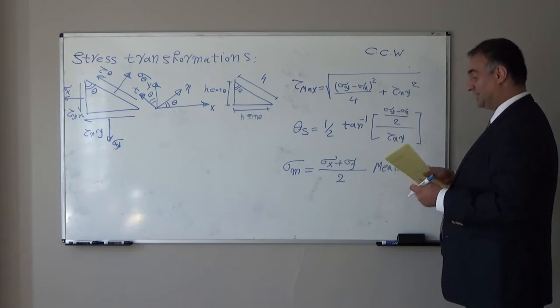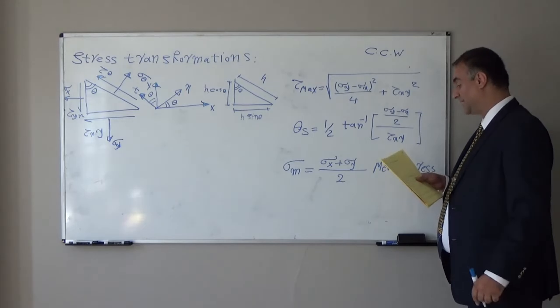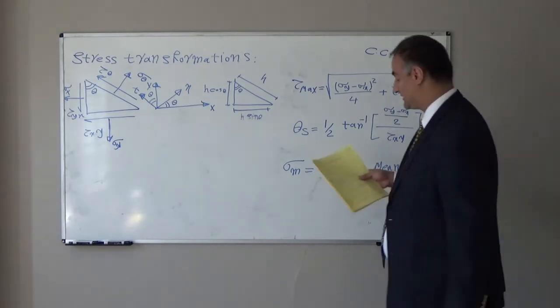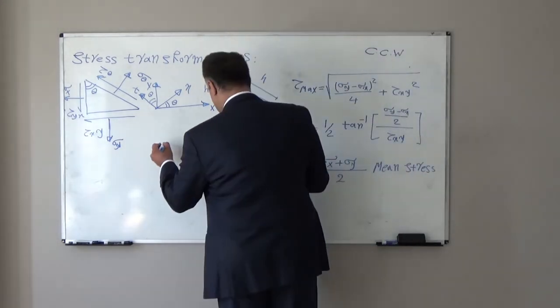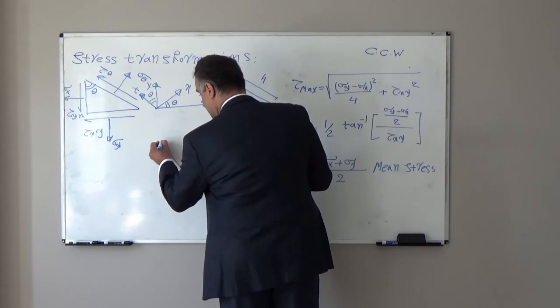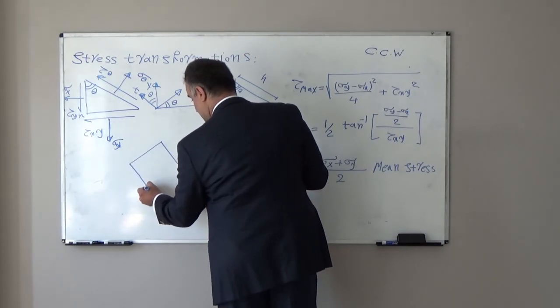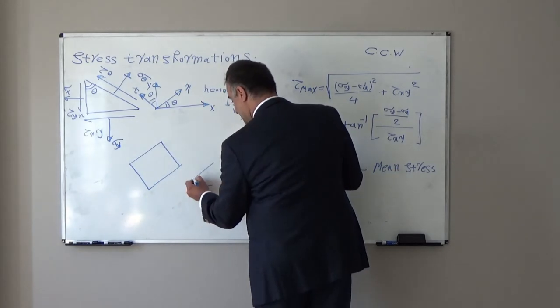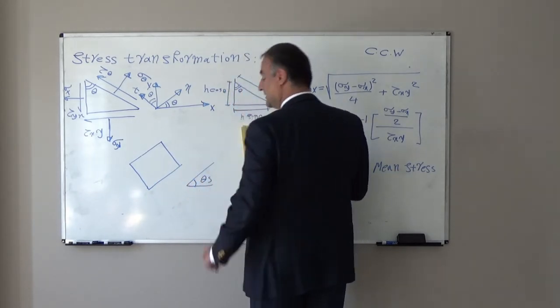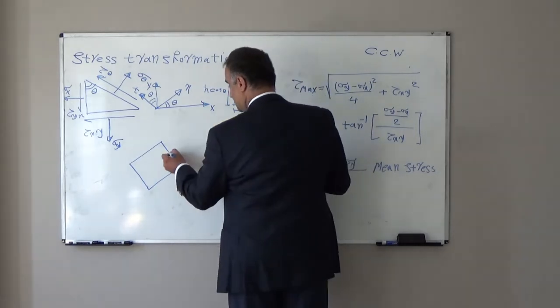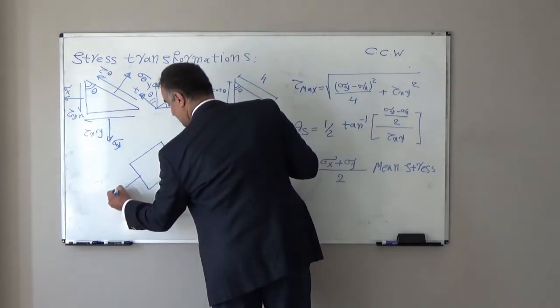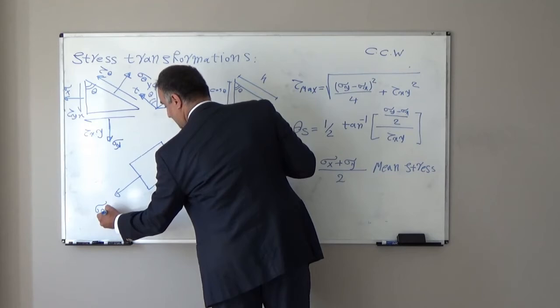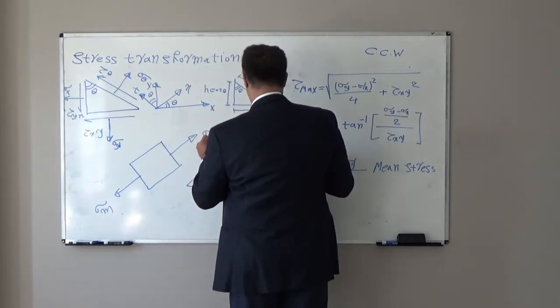And here, if we want to draw the maximum shear stress element, it will be one element like this. The orientation of that element will be theta s. On this side and this side we will have sigma m, sigma m.